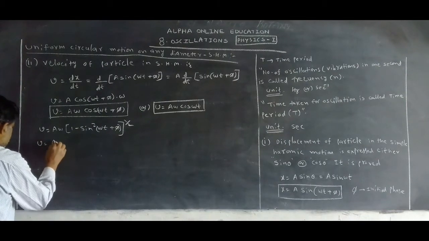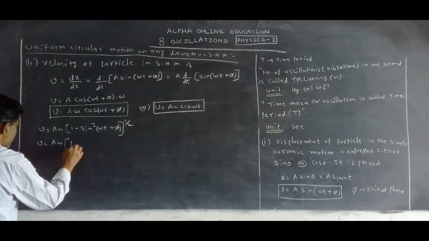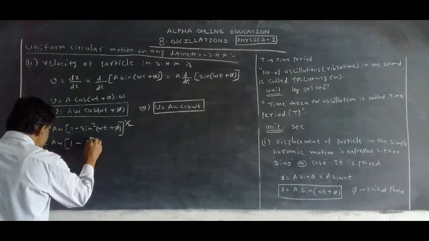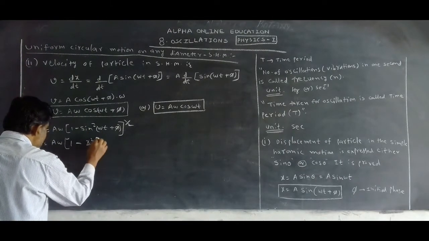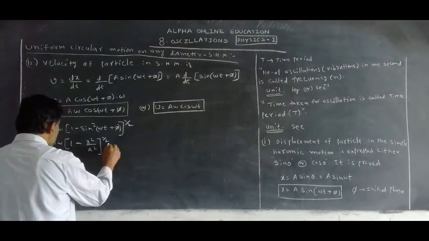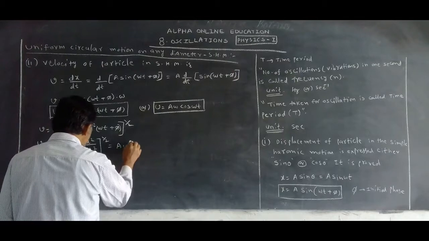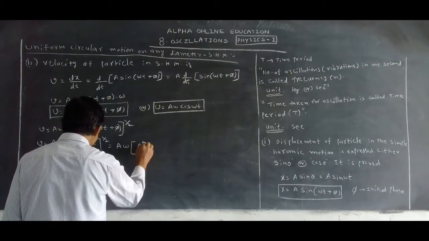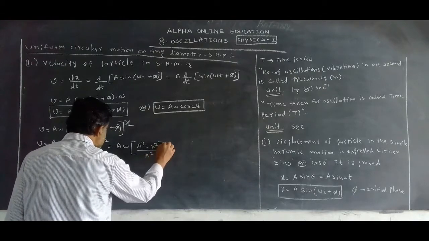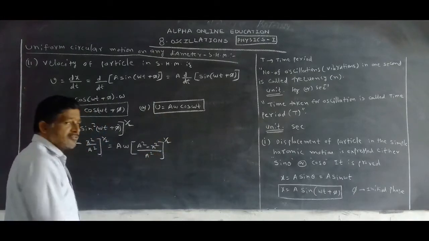V is equal to a omega into (1 minus x square by a square) whole power half. Now a omega into ((a square minus x square) by a square) whole power half.